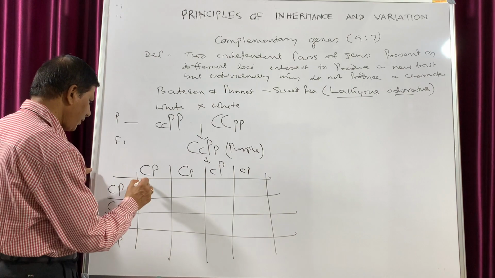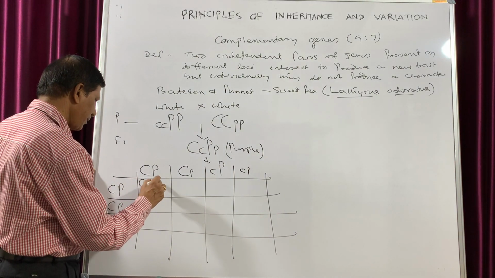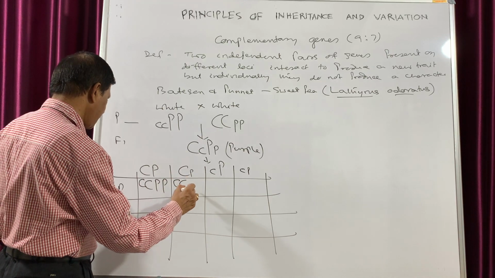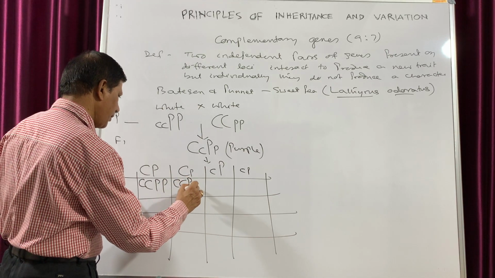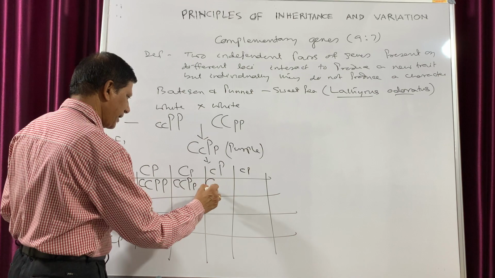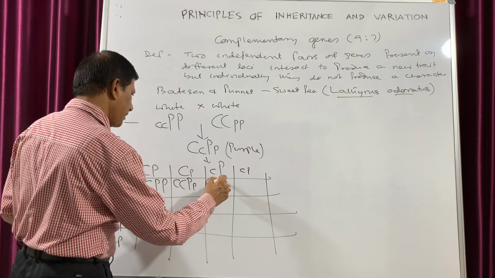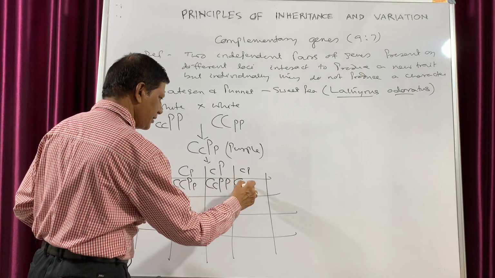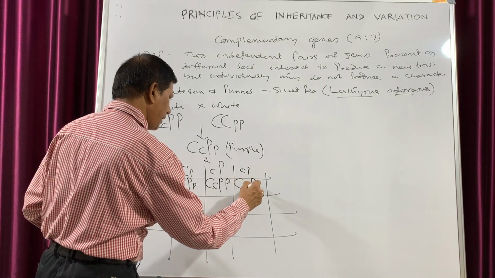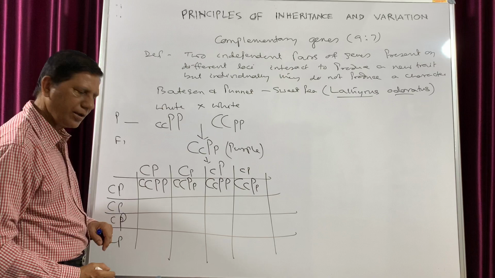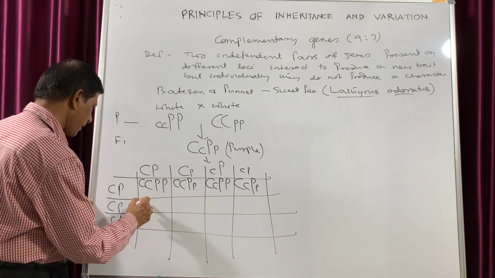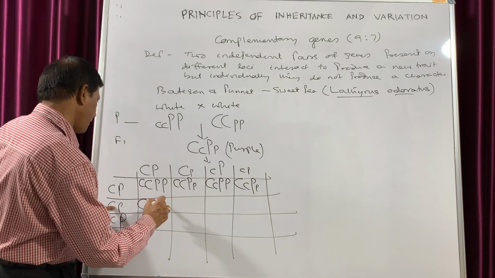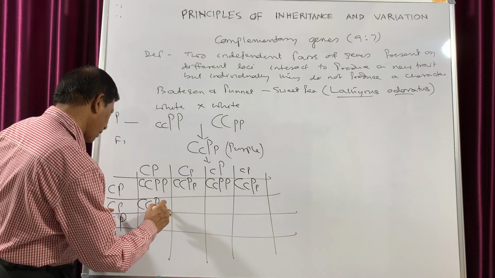this one will be capital C, capital P, capital P. This one will be capital C, and capital P, small p. This one capital C, small c, and capital P, capital P. This one capital C, small c, and capital P, small p. This one is capital C, and capital P, small p.